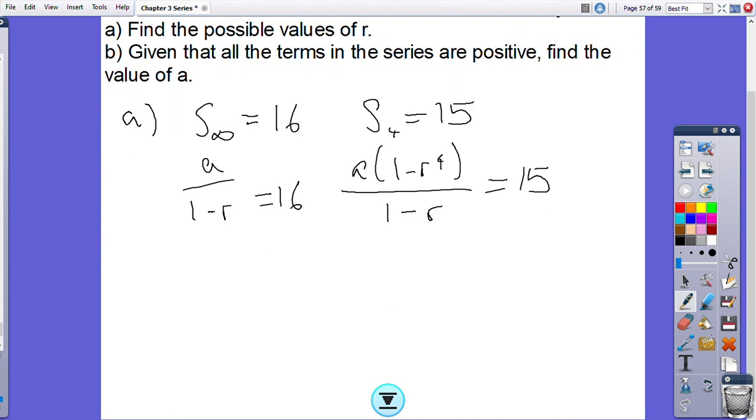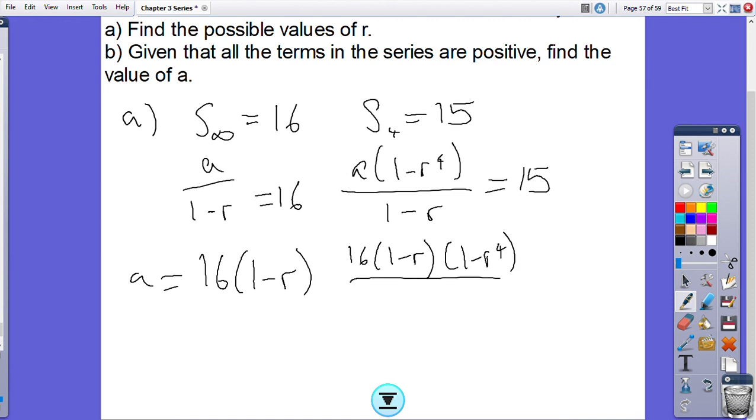Once we've got that, we can write a equals, working on the left hand one, 16 times 1 minus r. Now I've got that, I'm going to sub it into this equation, so we write 16 times 1 minus r times 1 minus r to the 4 over 1 minus r equal to 15.